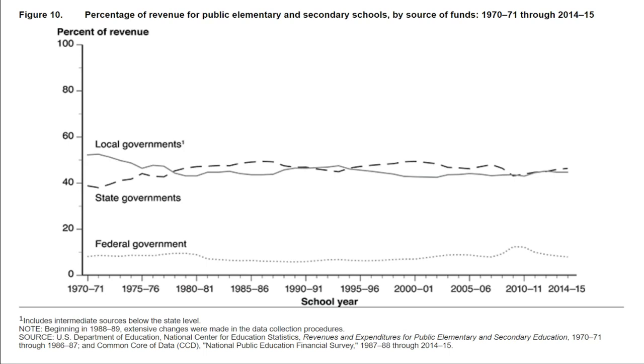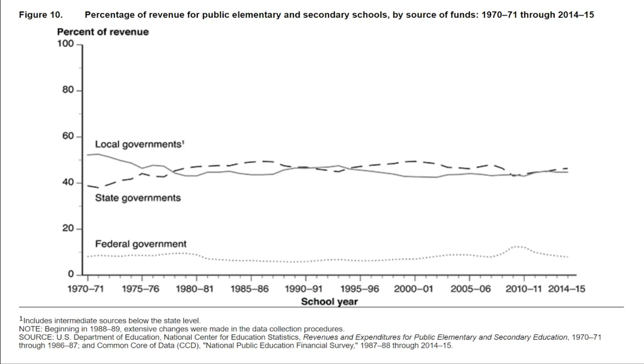State funding, which has very slowly increased, looks to be about 40 to 45%. And local funding, which started off at about 50%, has slowly decreased and is now about equal to that of the state level. Of course, these three funding streams comprise 100% of what a local district receives at any time, right?